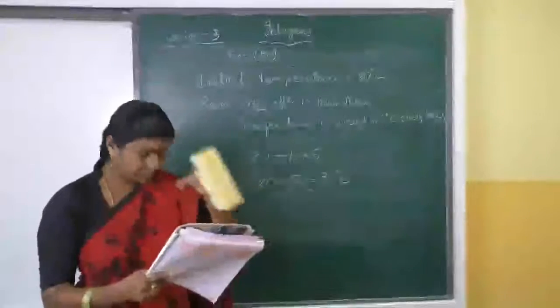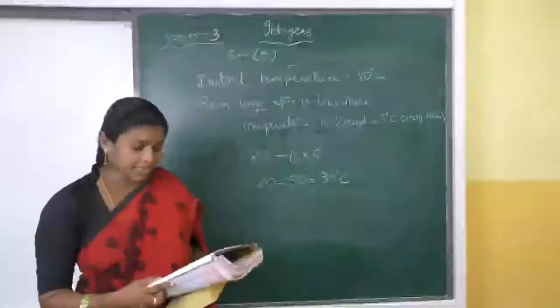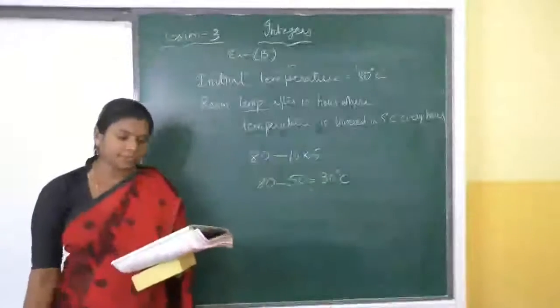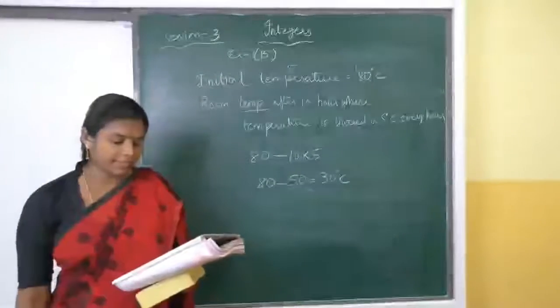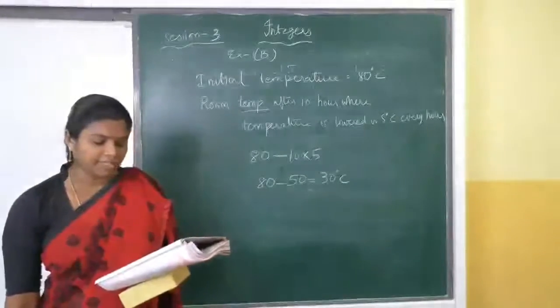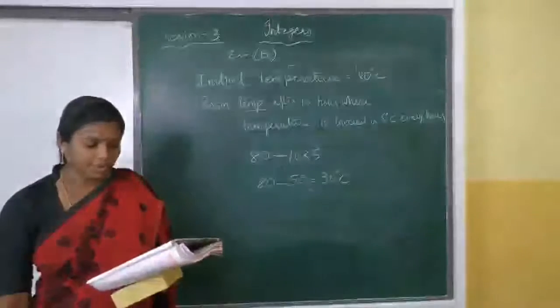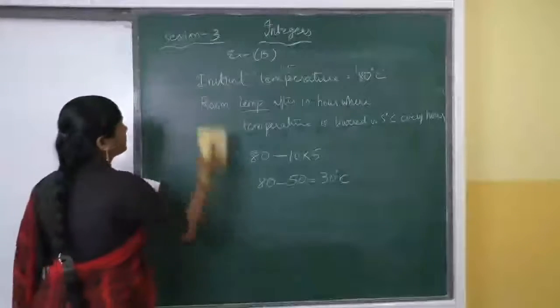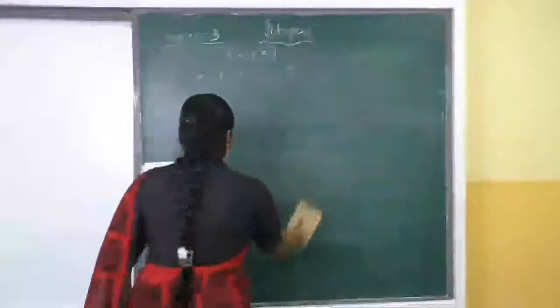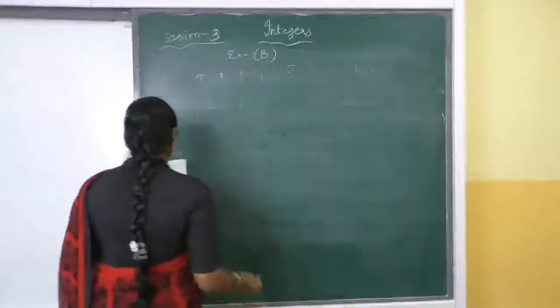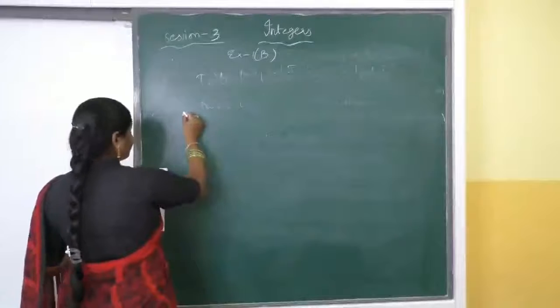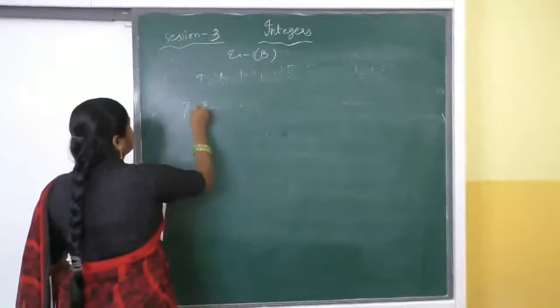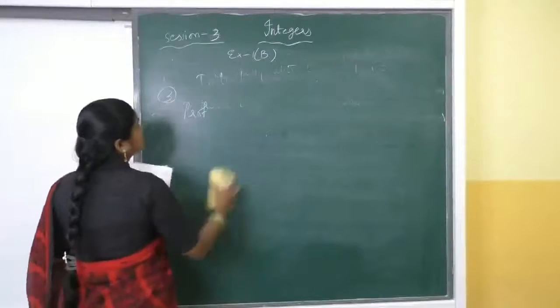Which is nothing but the room temperature will be 30 degrees Celsius finally. Next, a restaurant owner earns a profit of rupees 7 on each meal. If in one day 200 people visit the restaurant, what will be the profit earned by the owner? Third one.